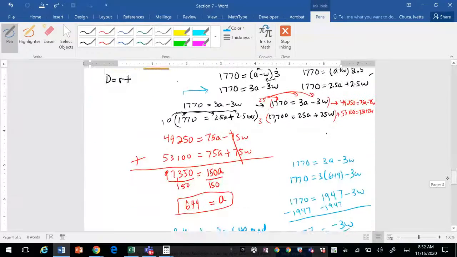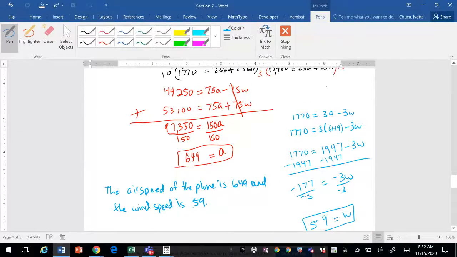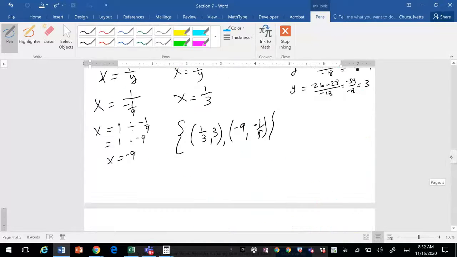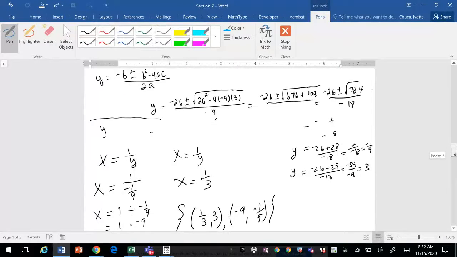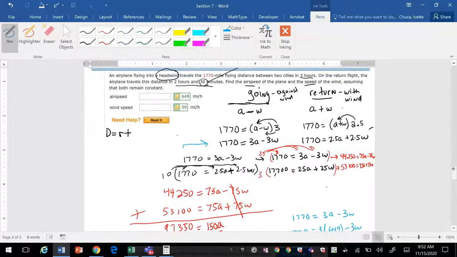And we're looking at miles per hour since we were given the hours. 649 miles per hour. Miles per hour. So then that would be your second answer. So we would enter 649 and 59.